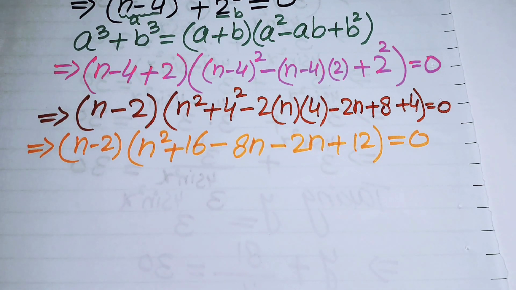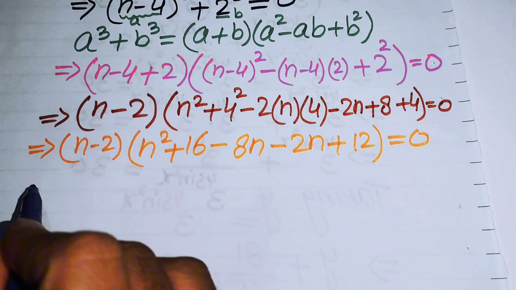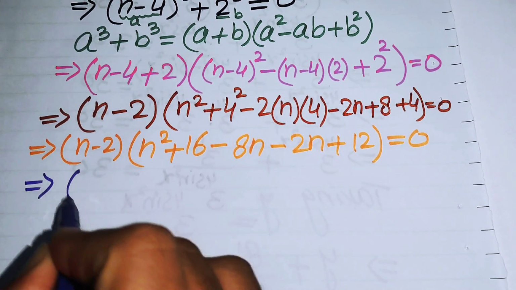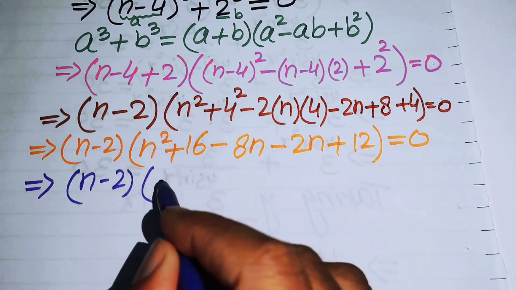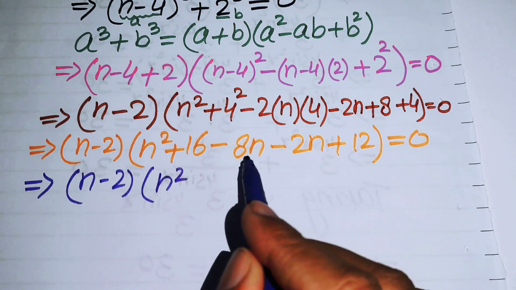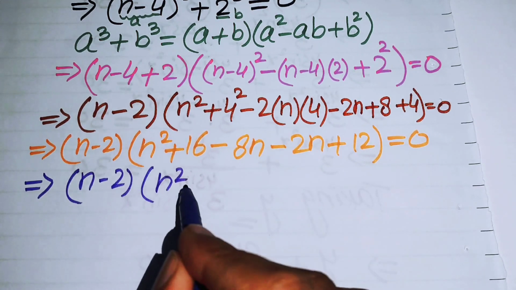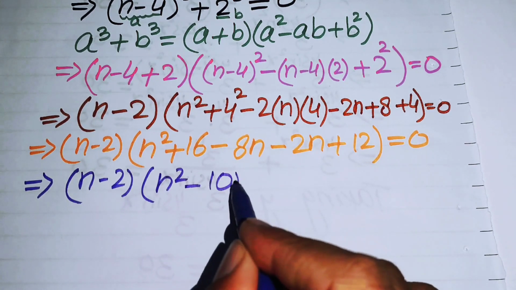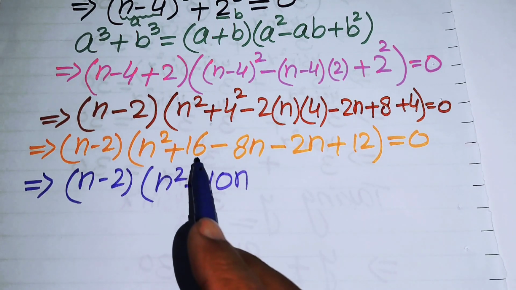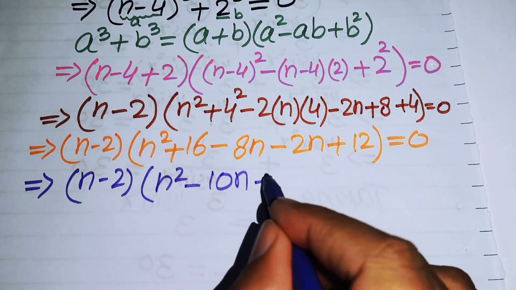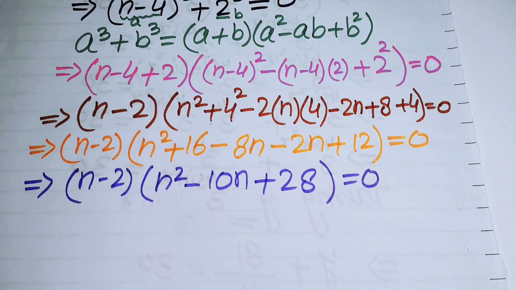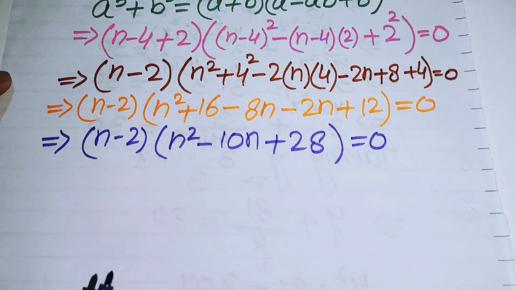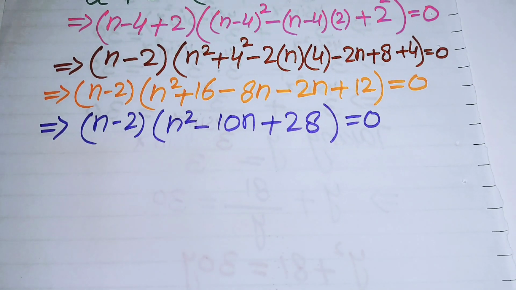And in the next step we will just add or subtract the like terms, and you get (n minus 2) times (n squared, and here we have minus 8n minus 2n equals minus 10 times n, and when we add 16 plus 12 it equals 28), and this whole equals 0.